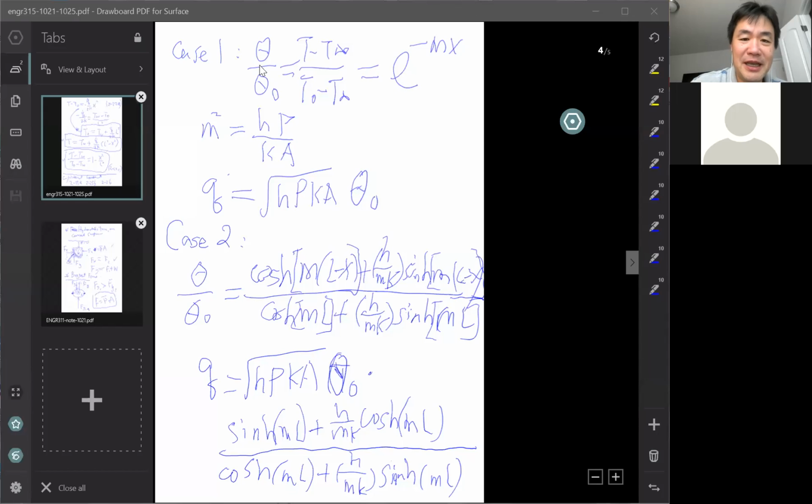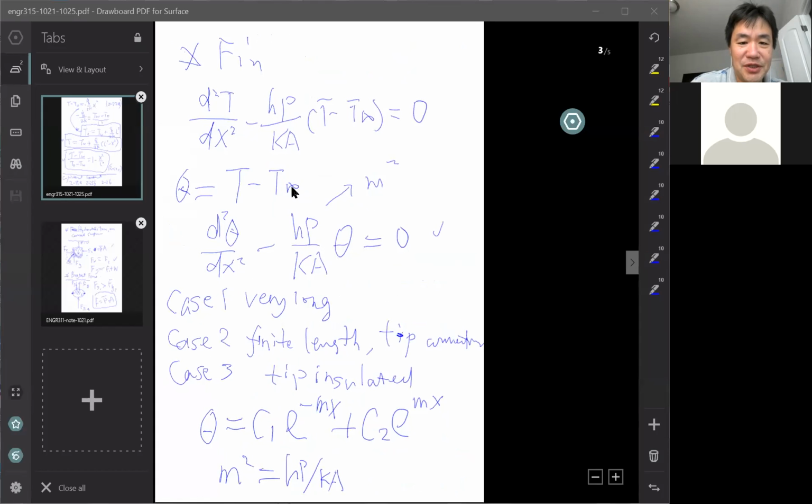Theta must involve T, of course. T is the variable; inside the fin, T changes along the fin direction. So theta is T minus a reference temperature, T infinity, the temperature of the surroundings.